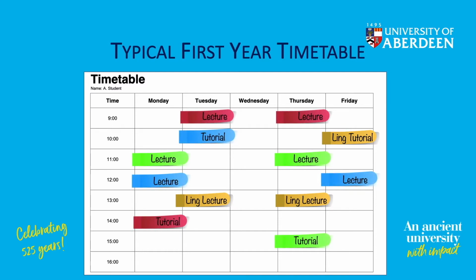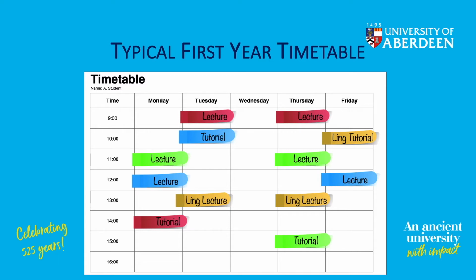So your weekly timetable might look a little bit like this, where suddenly you have lectures for other subjects, tutorials for other subjects. This will vary a little bit depending on the nature of those subjects. If, for instance, you're doing a modern language, you might well have other classes dotted around your timetable too.